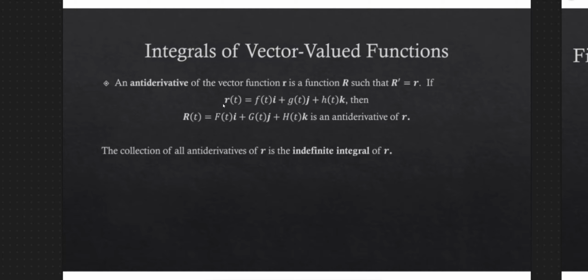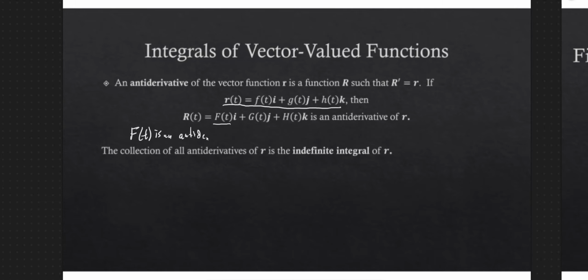So the idea is, here's our vector valued function. It's made up of these three component functions. Rather, the indefinite integral of a vector valued function is, we find the indefinite integral of f. So big F here is an antiderivative.